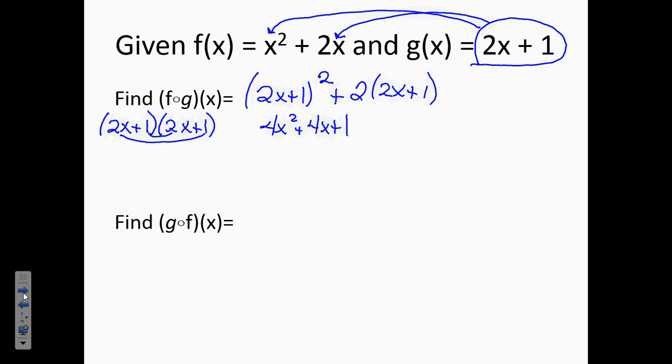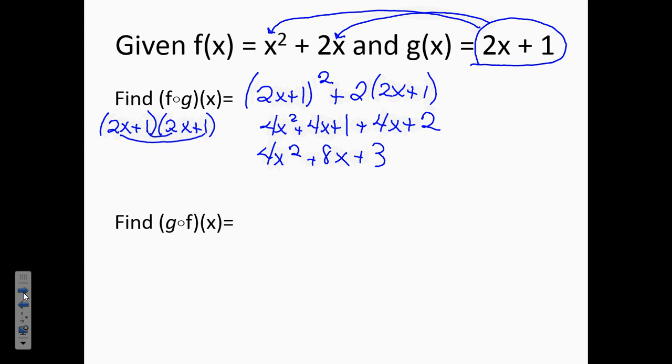Don't forget your outsides and insides. Then we have a 2 to be multiplied times what was g, so 4x plus 2. So 4x squared plus 8x plus 3 is our new composed function.